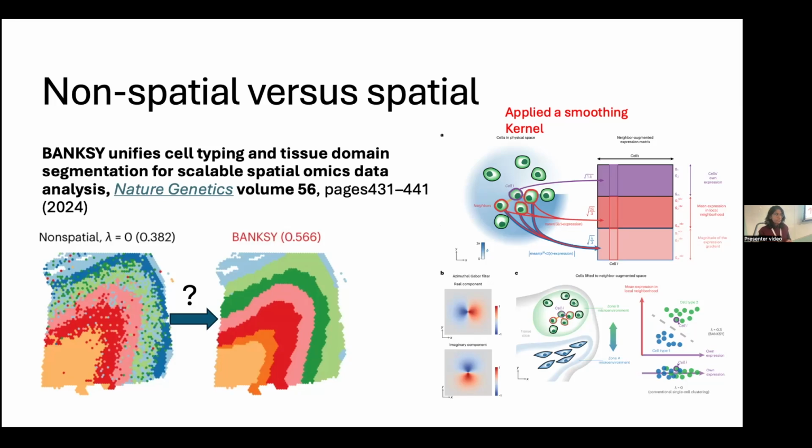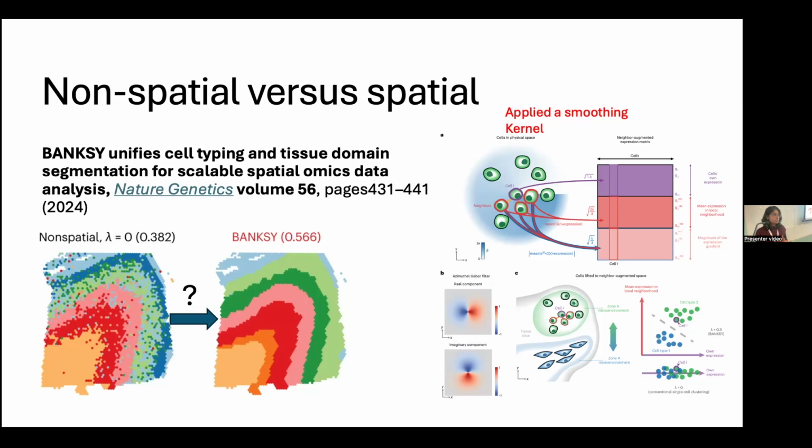So you can have the same cell type, but 2 different cell states, undergoing 2 different transformations. So Banksy takes that logic into account, and they borrow this idea from computer vision. They use a Gabor filter. So a Gabor filter basically is if you have light waves passing through, and then you apply a filter, usually a Gaussian filter, and then it picks up certain peaks from it.